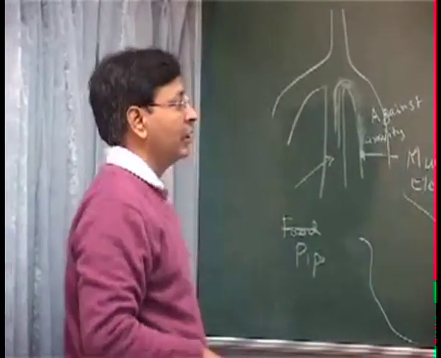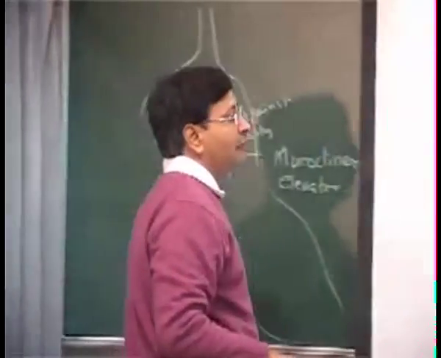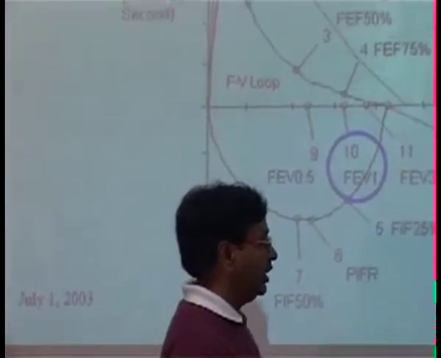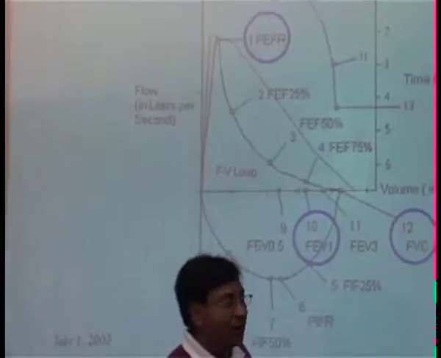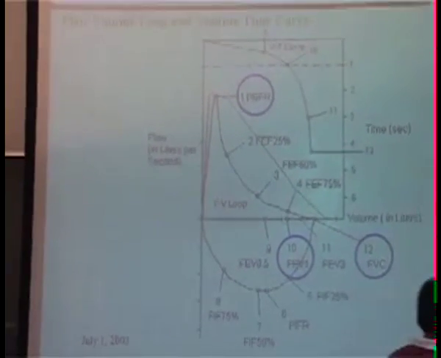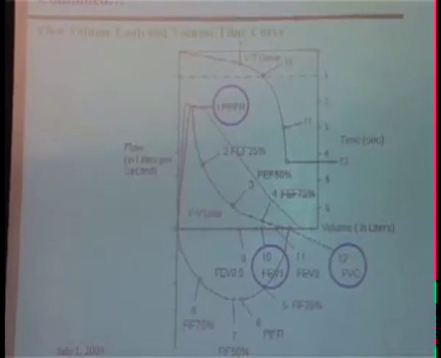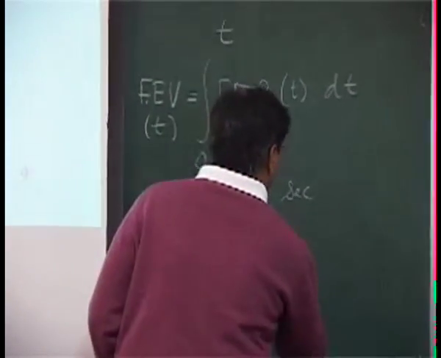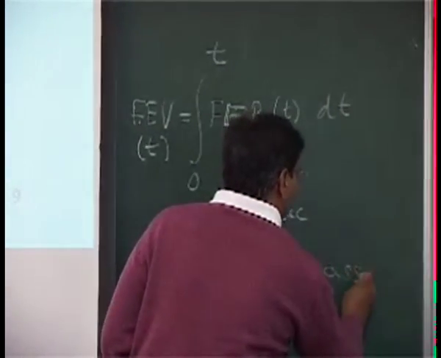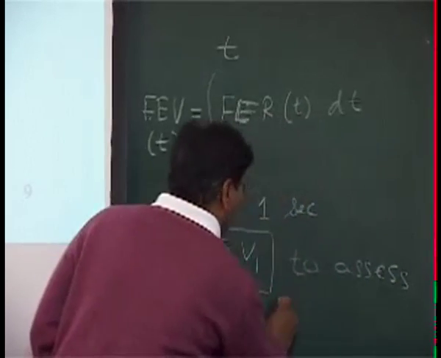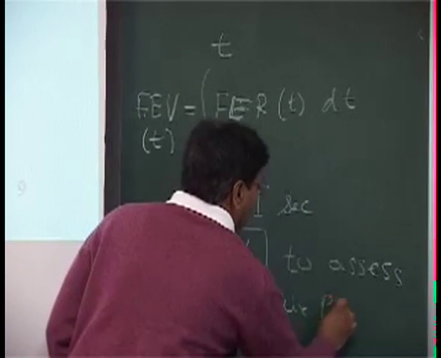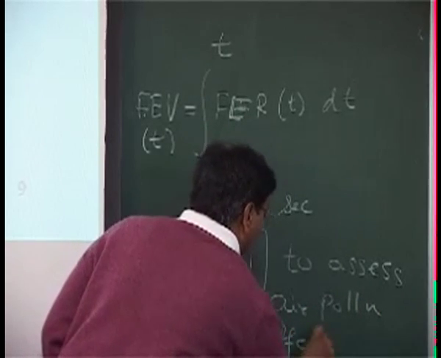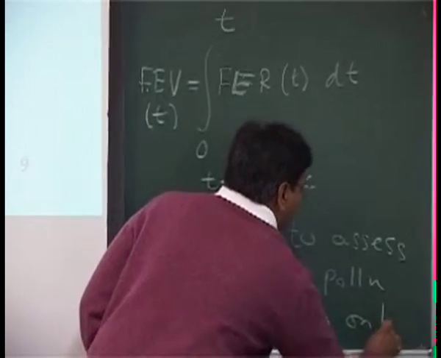So I can also find out the other parameters like FEV1, FEV2, FEV.75, but this is an important parameter. I'll show you how to assess air pollution effects on lungs.